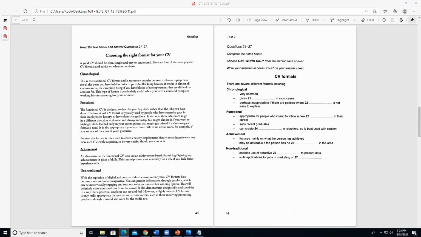The fifth one is experience. Sixth one is graphics. Seventh one is media. Okay, so I'll just put this up. So this is the answer: flexibility, unemployment, direction, suspicion, experience, graphics, and media.